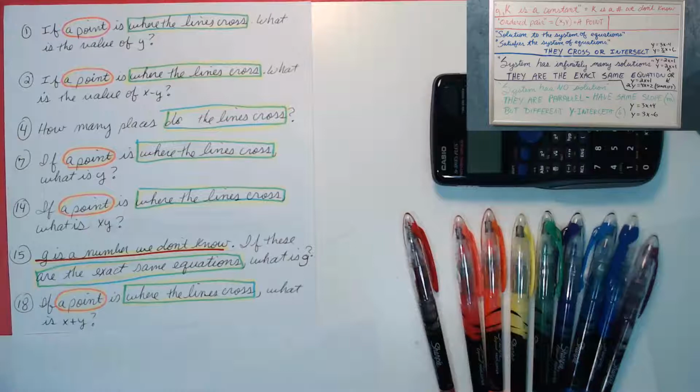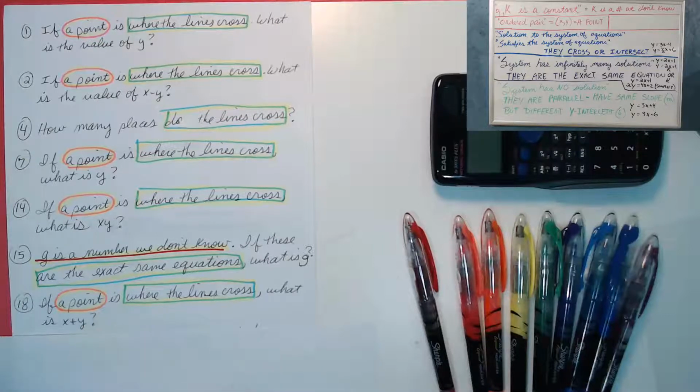Okay, let's look at 18. If the ordered pair xy satisfies the system of equations above, what is the sum of the values of x plus y? 18. If a point is where the lines cross, what is x plus y?